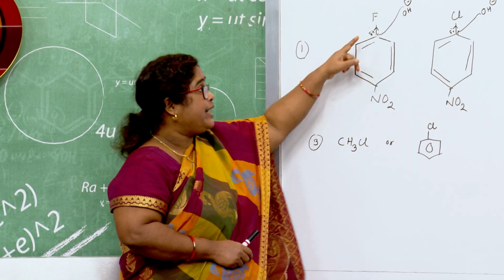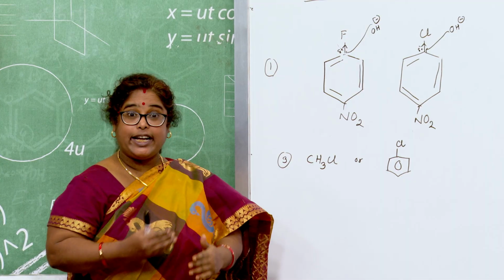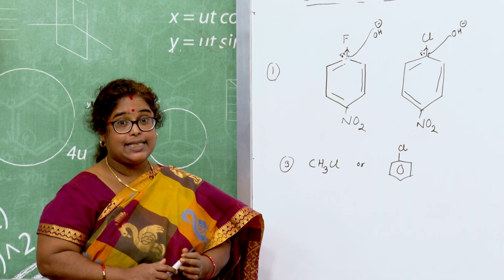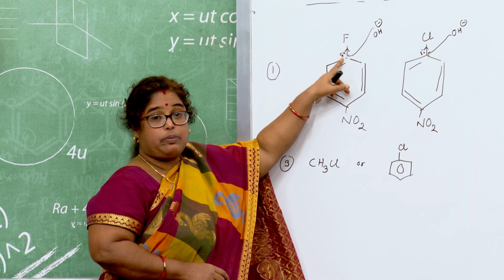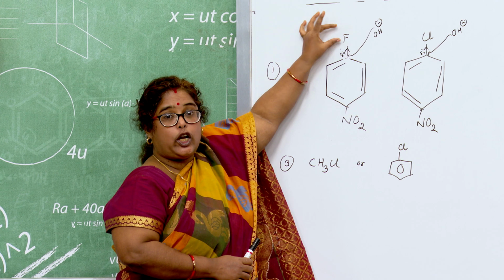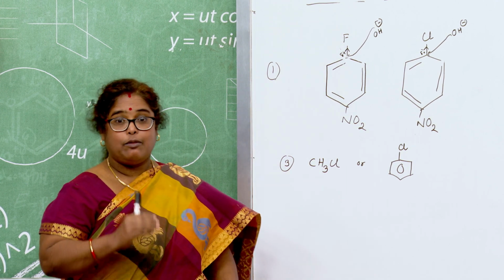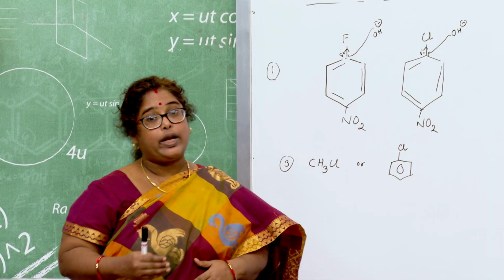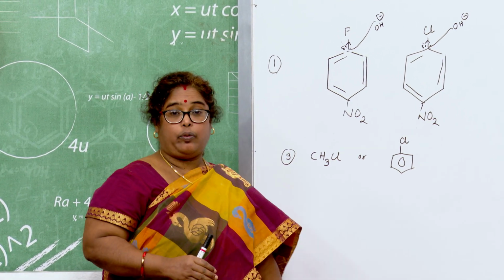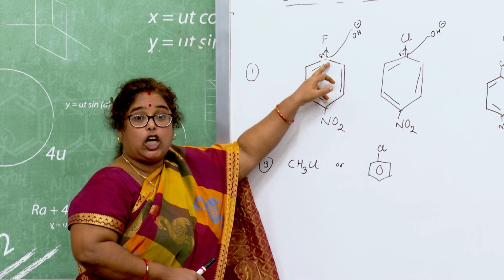If the magnitude of this delta plus charge is more, then the readiness for attack will be more. So, in which case will the delta plus charge be more? It depends on the electronegativity of this atom. As the fluorine atom is more electronegative than Cl, the magnitude of delta plus here is more.